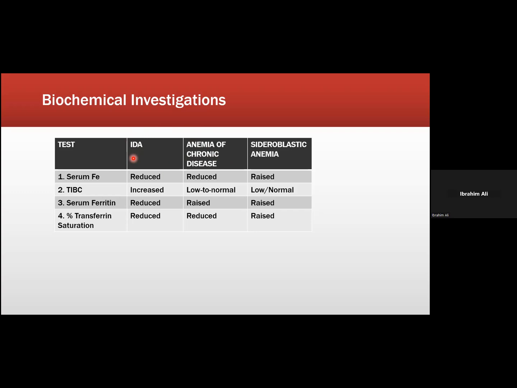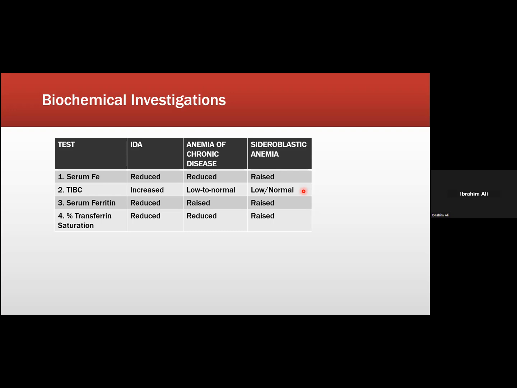So for iron deficiency anemia, everything is reduced apart from TIBC. But sideroblastic anemia is the opposite of iron deficiency anemia, which means everything is raised except TIBC. So you have to be smart in cramming or getting this right.